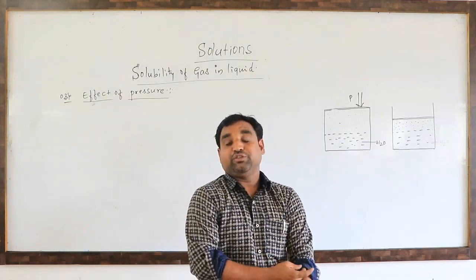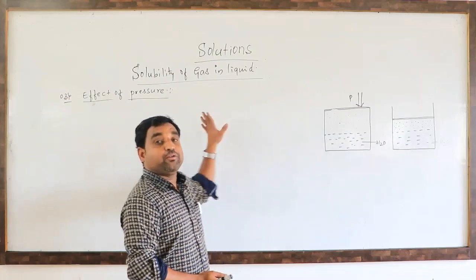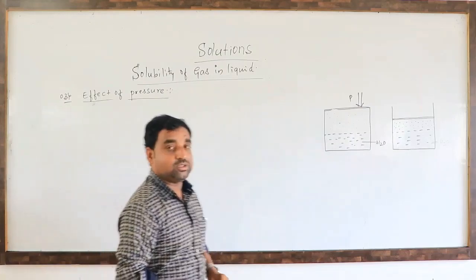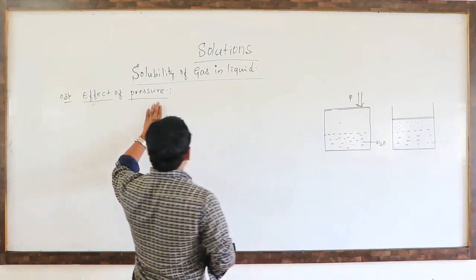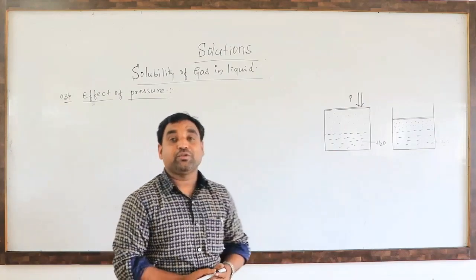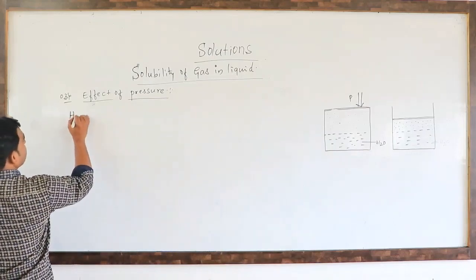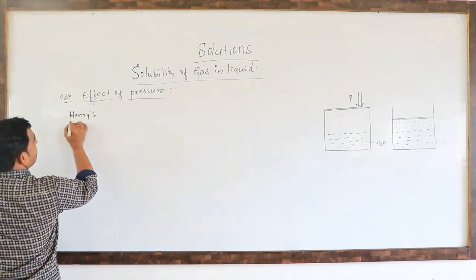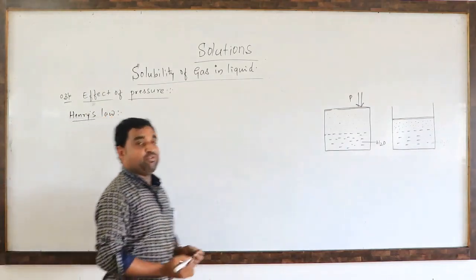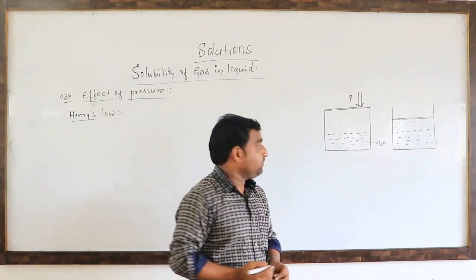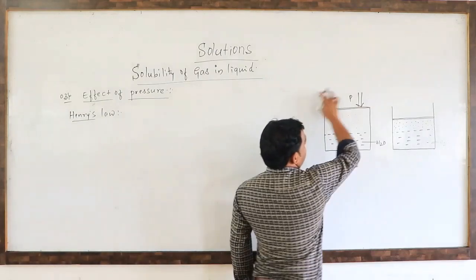The next factor affecting the solubility of gas in liquid is the effect of pressure. Very important. The effect of pressure can be explained on the basis of Henry's law. Before going to the statement of Henry's law, let us consider a closed system.